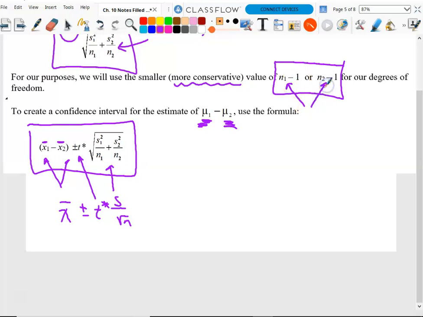I don't know how big his sample is, but I could minus 1. And whichever one is smaller, I could use that as my degrees of freedom. I just don't know what to tell you. I think that's ridiculous just because you've got technology. If you were really doing this, you would never do that. So, whatever is what it is.